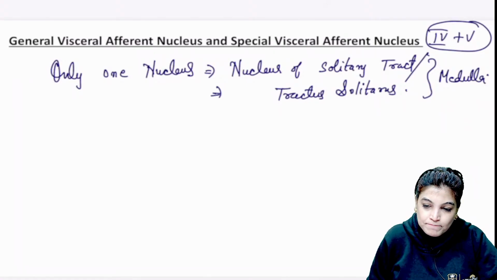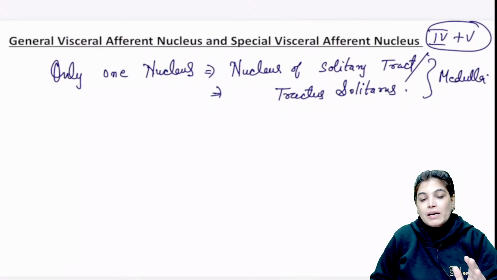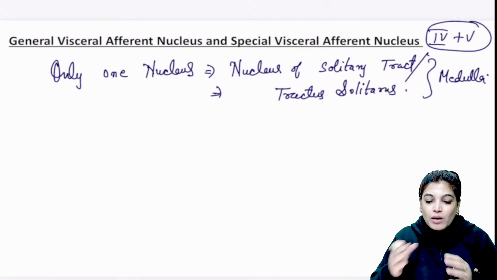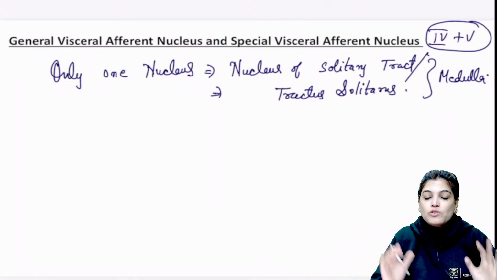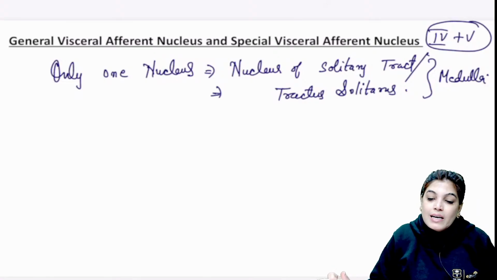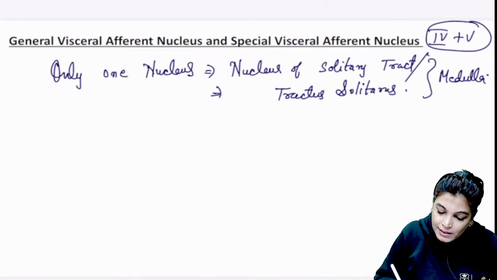Posterior part of the tongue. We will talk about the special visceral later; I'm just talking about the general visceral sensation. So please write down: the tractus solitarius has a lower part and an upper part.